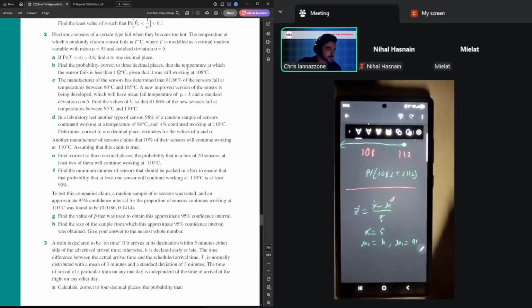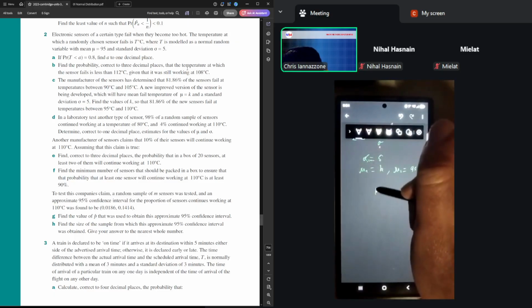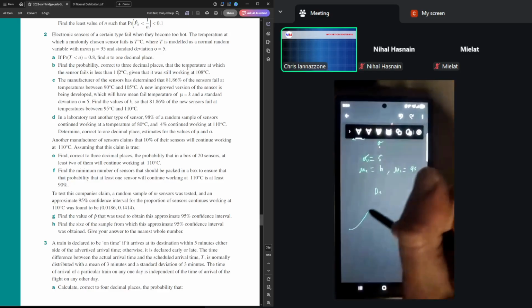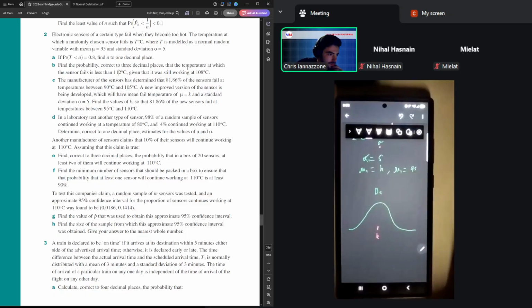81.86 is between 95 and 110. So if we think about distribution 2, I'm going to have the mean as k. Now the interesting thing about this one is it doesn't necessarily imply that the probability is weighted both sides. That's a bit concerning.